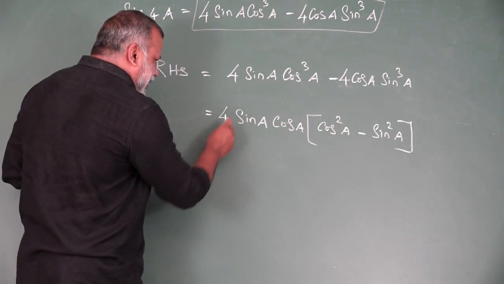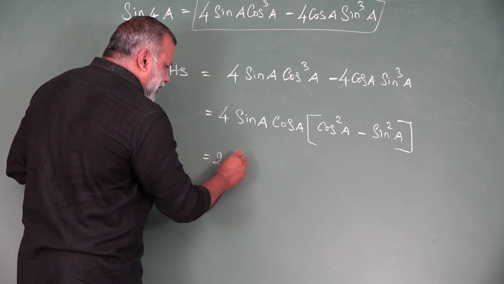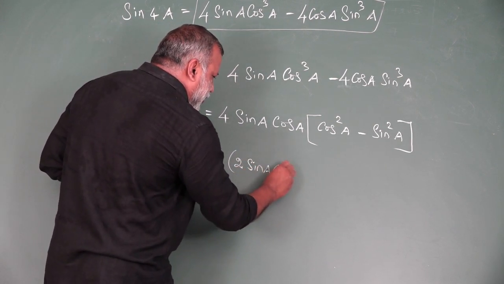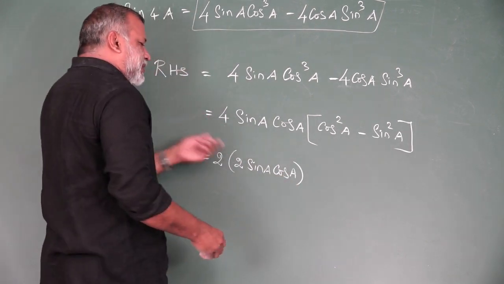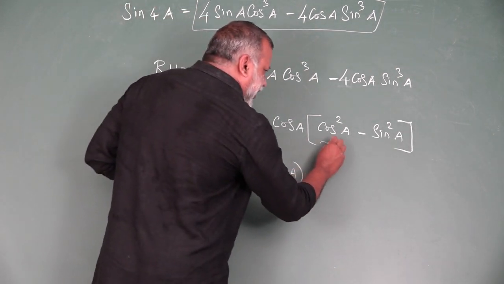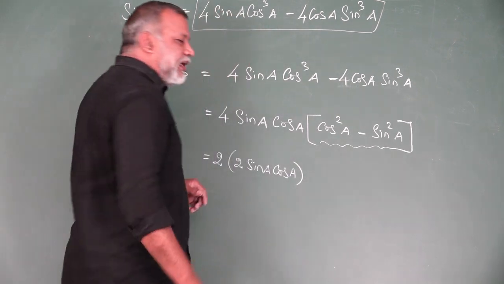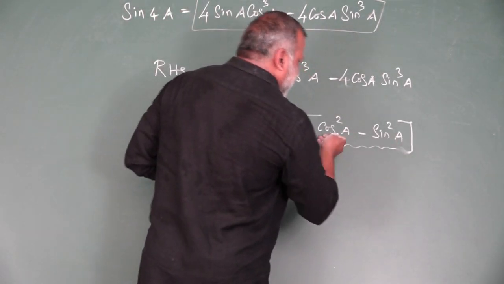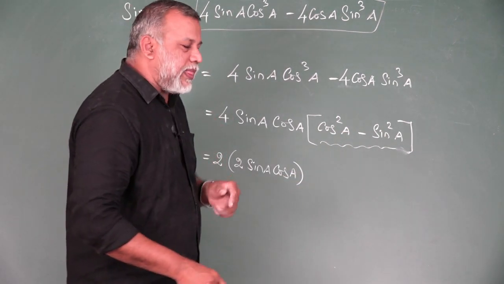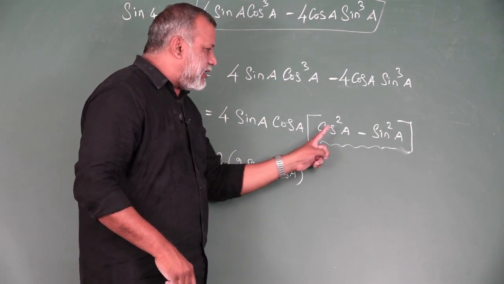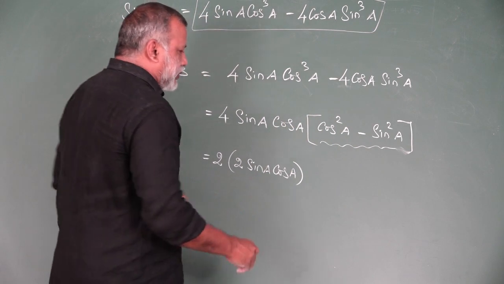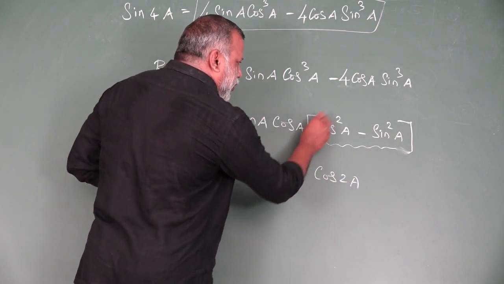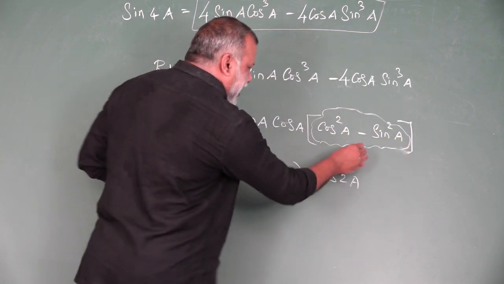Now listen, I can split this 4 as 2 times 2 sine A cos A. The remaining cos squared A minus sine squared A is an identity. We already derived 4 results for cos 2A, and one of them is cos squared A minus sine squared A. So I can convert this as cos 2A.